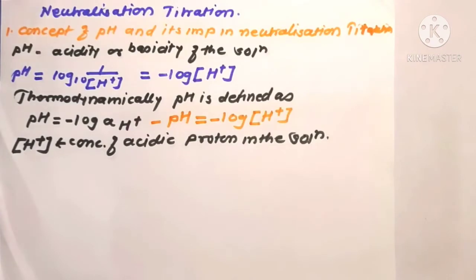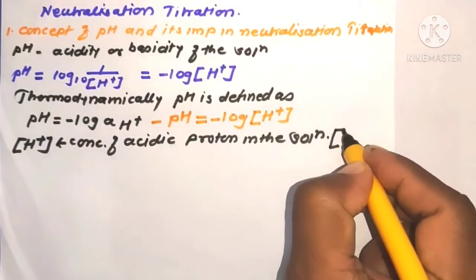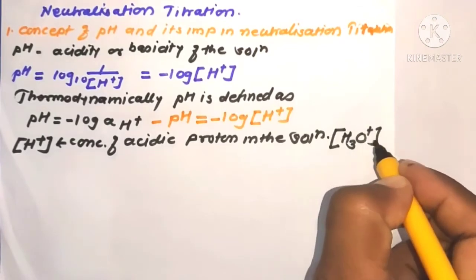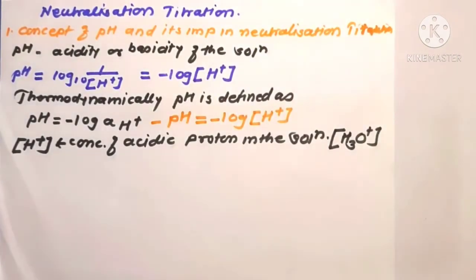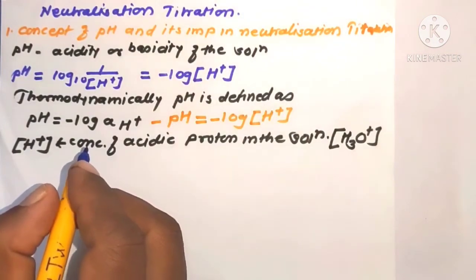Normally, the proton is present in the form of hydronium ion, that is, it is present in the form of H3O positive ions.